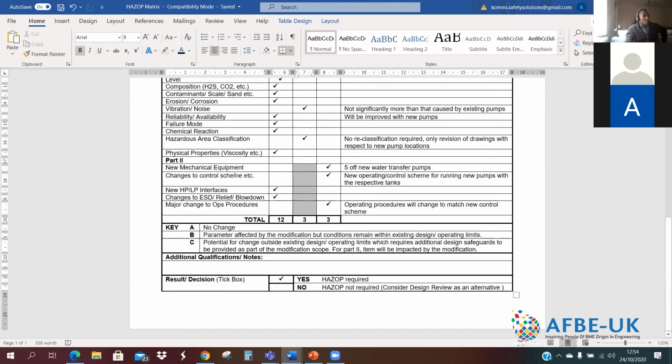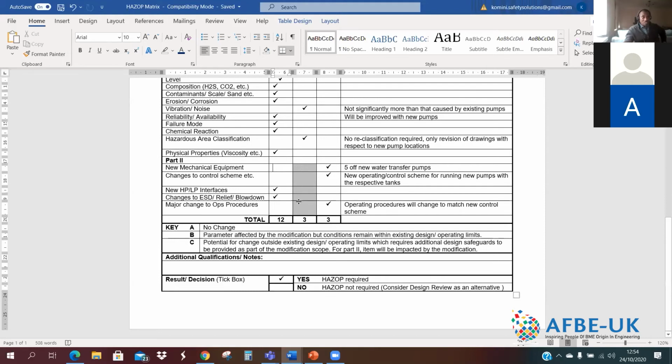But yes, if you've got new mechanical equipment coming in, typically a pump, you're installing a new pump, does that pump fit within the design, or is it the same design pressure, temperature, or whatever as the existing? Yes. The head and everything, NPSH, are they still the same? Yes, you take your A. You'll notice with part 2 that there is no option to tick the B part, because it's binary.